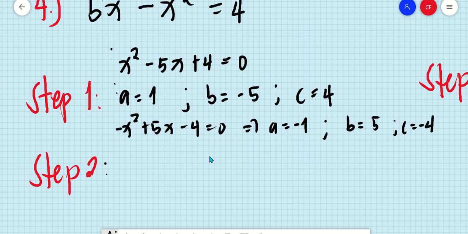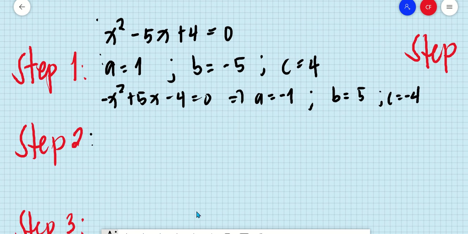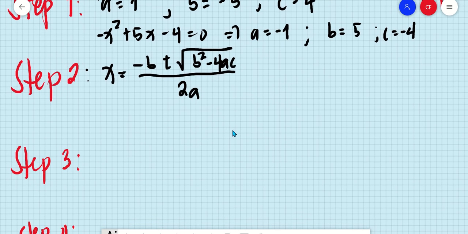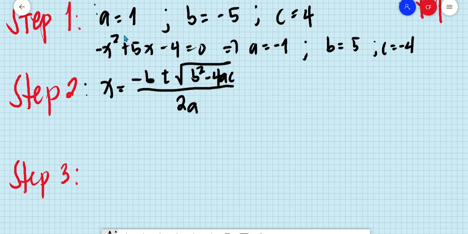Okay? Ayan. So, again, step number 2 na tayo. Sulat lang po natin yung quadratic formula. x equals negative b, positive negative square root of b squared minus 4ac all over 2a. Right? So, for example number 4, again, gagamitin ko po yung positive 1, negative 5, positive 4.